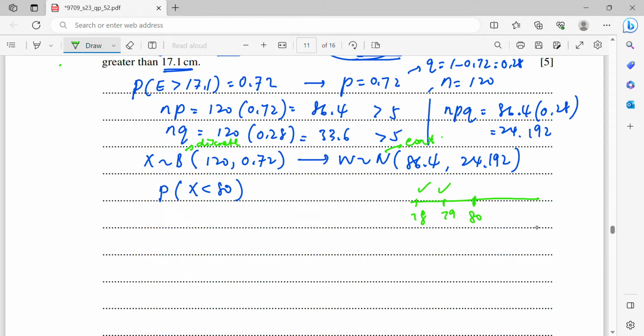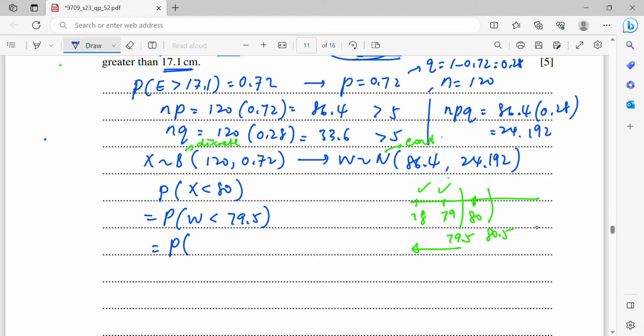And then for the continuity correction, you can add 0.5 to 80, which is 80.5, or you subtract 0.5 from 80, which is 79.5. So obviously now your interval will be less than 79.5 to include these two ticks. So when I convert to W, it will be P(W < 79.5). This is the probability that you need to count.